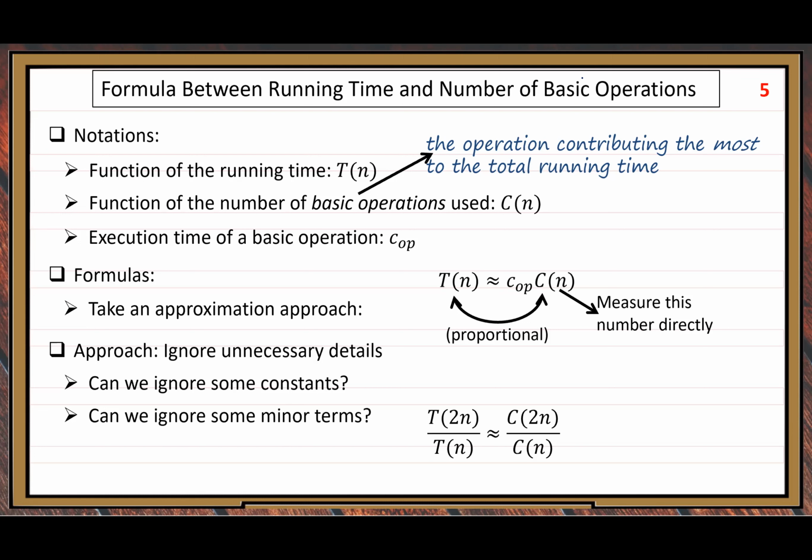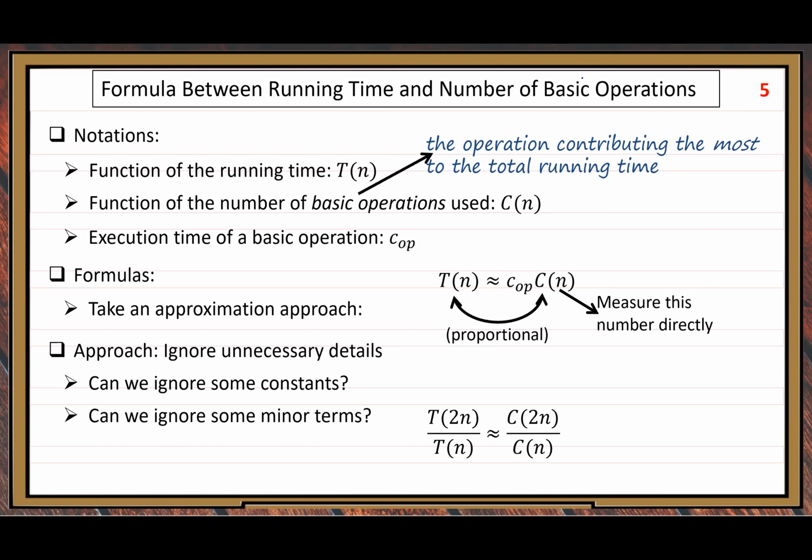This constant can be ignored if we want to get an idea how fast that efficiency function grows. We use the function to represent efficiency. That constant is not important.